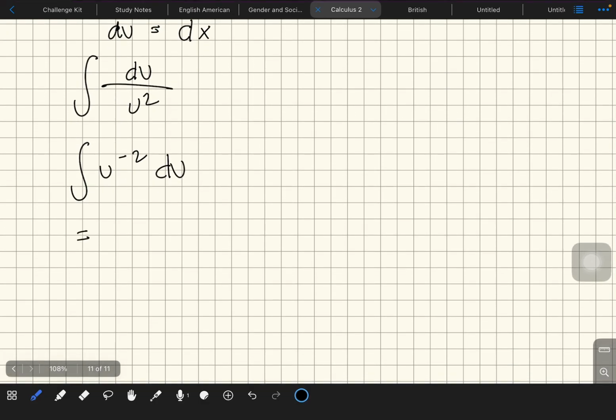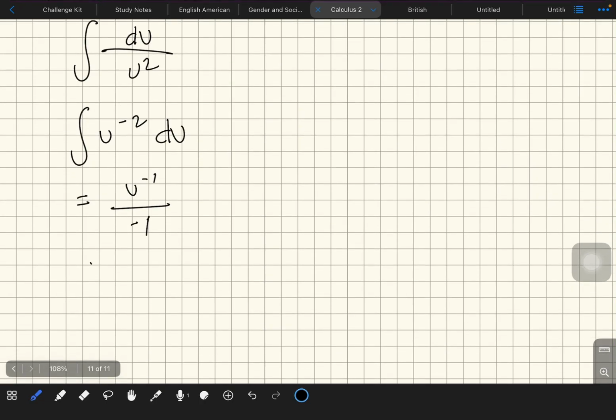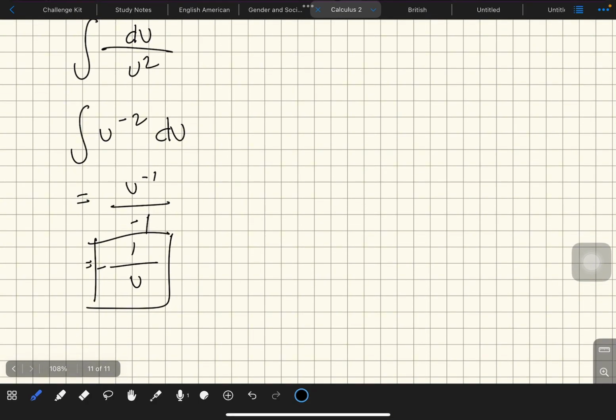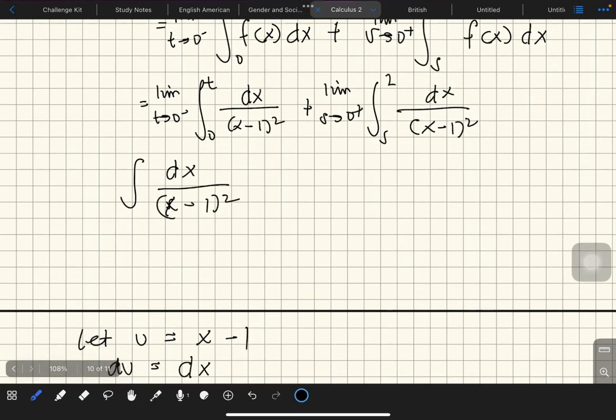This becomes u to the negative 1 over negative 1, which is negative 1 over u. So this is the value of our integral.